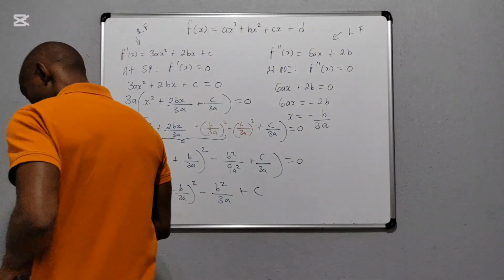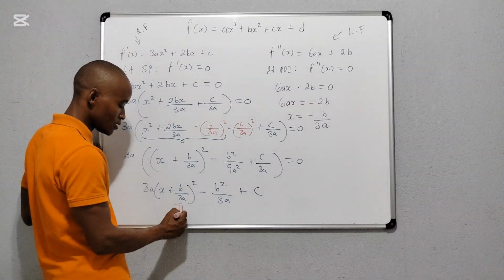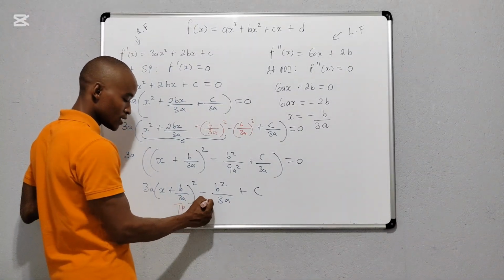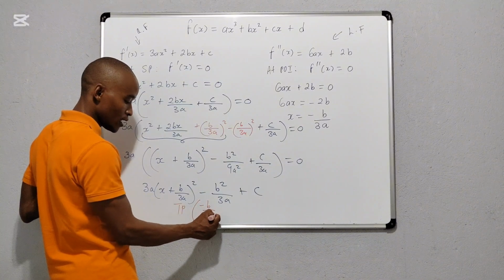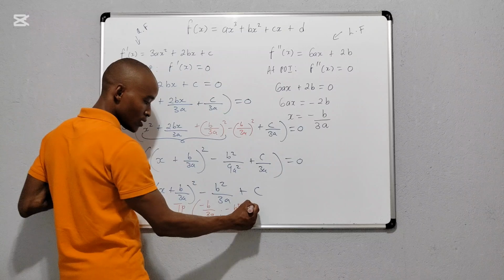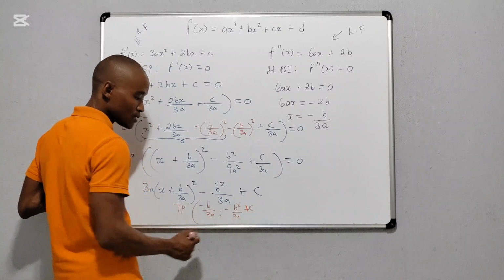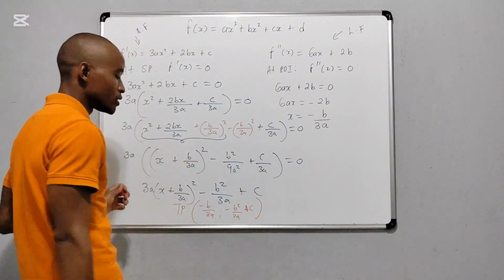But the point that I want to talk about here is that now the turning point of our parabola is negative b over 3a, and that will be our x-coordinate, with negative b squared over 3a plus c as the y-coordinate.